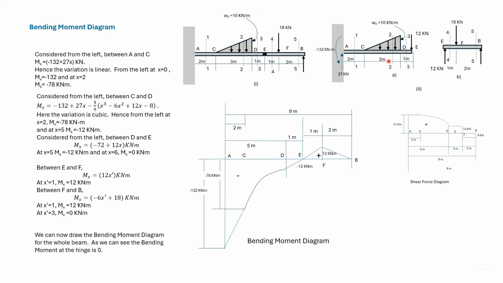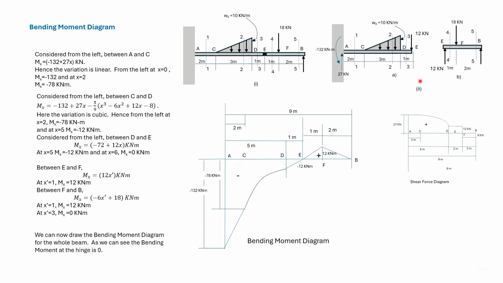Here from C to D we have a triangular variation. We find that the variation of shear force between C and D is quadratic and the variation of bending moment between C and D is cubic. A uniformly distributed load can be considered to be a constant variation, while a triangular variation of load can be considered as a linear variation.